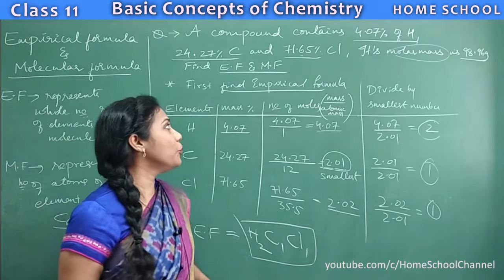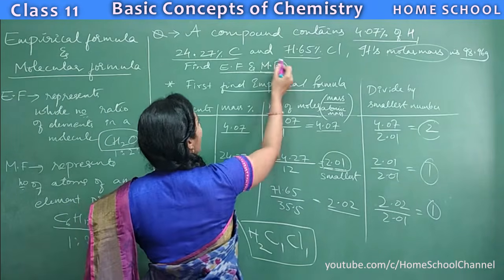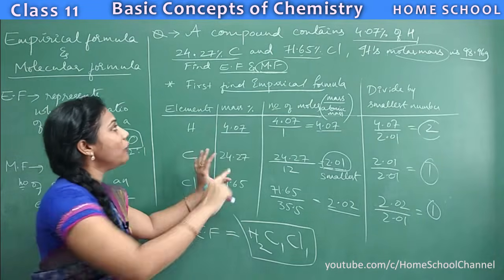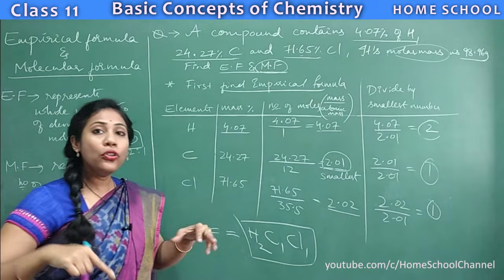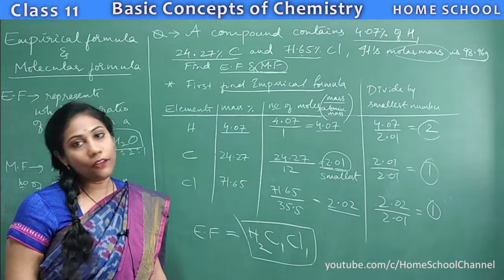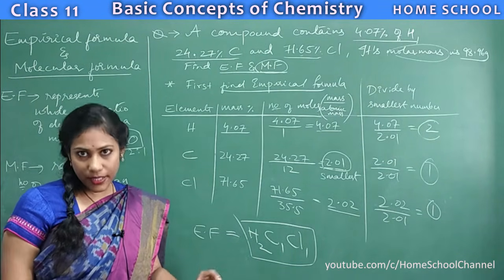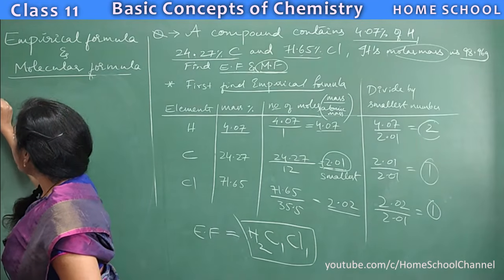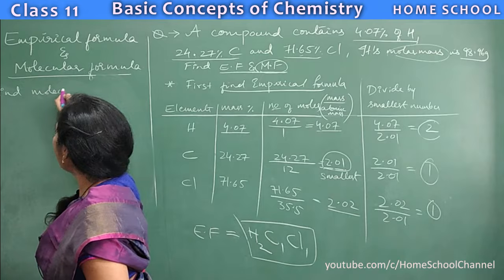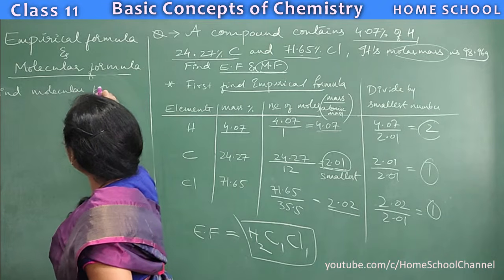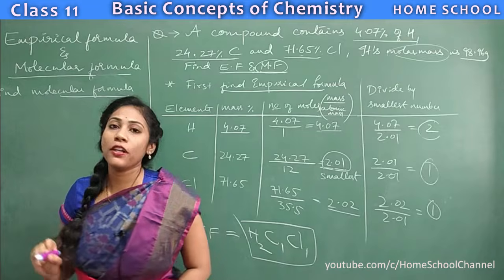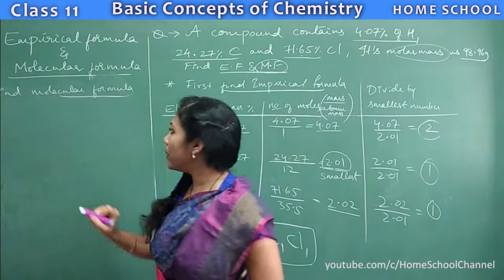Now in step 2, we have to calculate the molecular formula. Okay. So half of the work is over. Now the next step is how to find the molecular formula using this empirical formula. That is your step 2. So the next step is to find the molecular formula. To find the molecular formula, we have one small formula here.